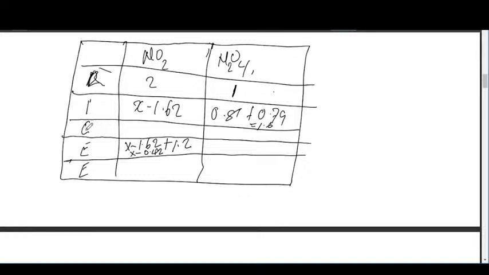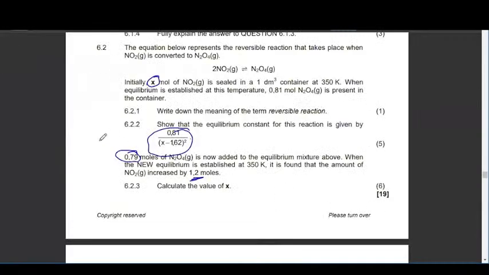So what was used? If you go back here, they're saying that the 0.79 moles was added to the equilibrium, and when the equilibrium is established, the amount was found to be this.